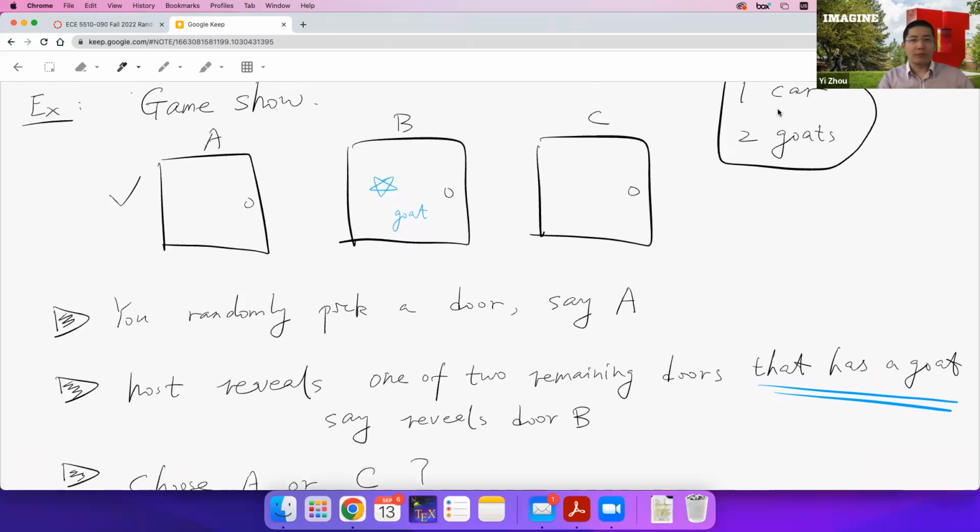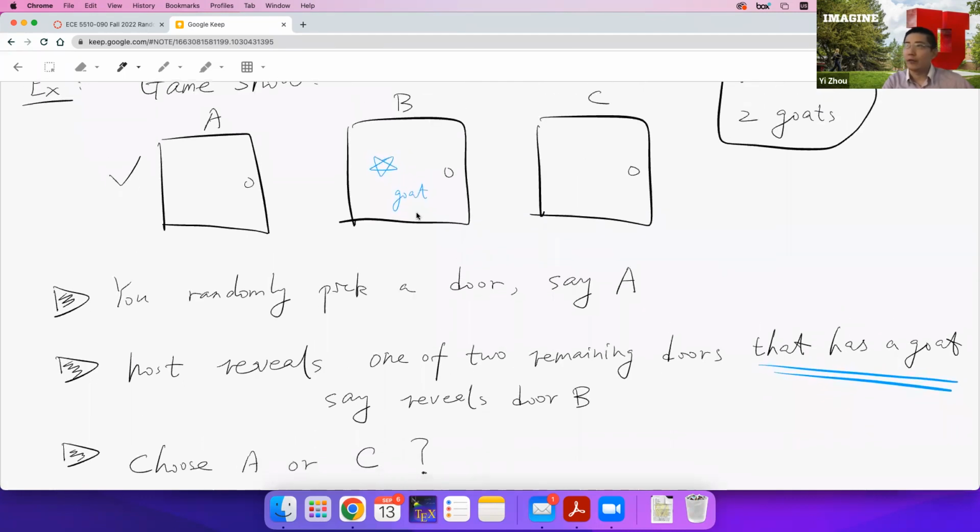But this door B is the critical part. The host reveals door B, which has a goat behind it. This is an event that already happened, and all of your final decisions are made based on this event. So there's a conditioning event in the process, and we have to analyze this problem very carefully.